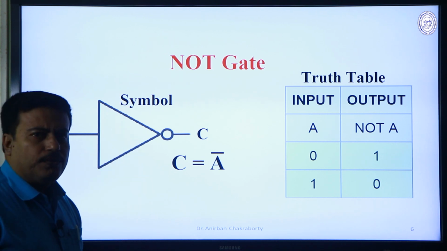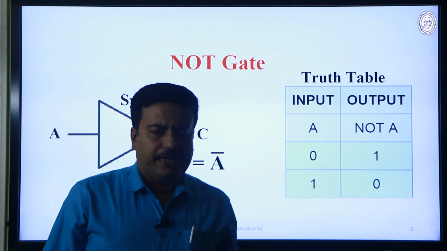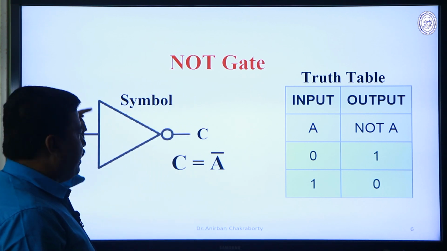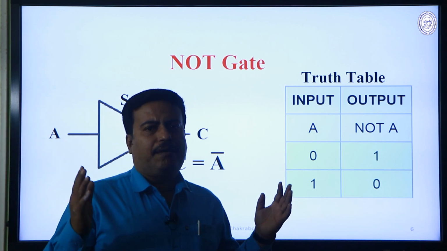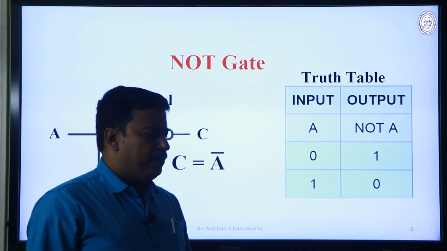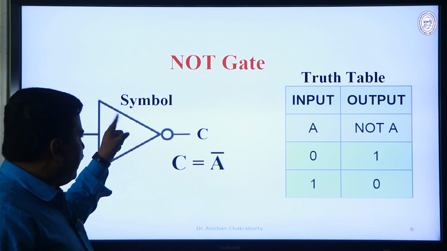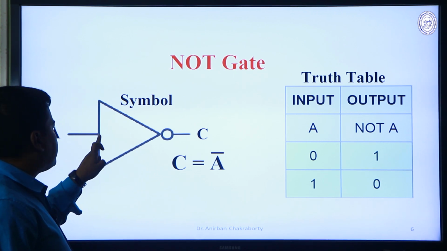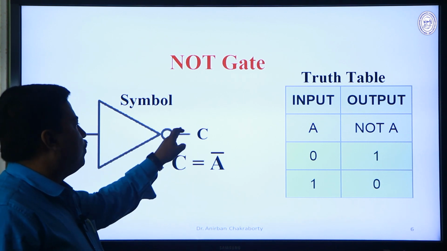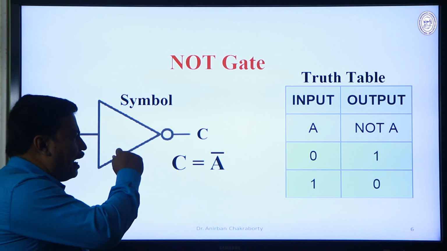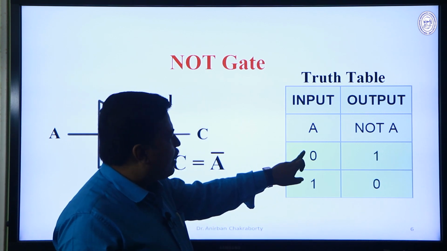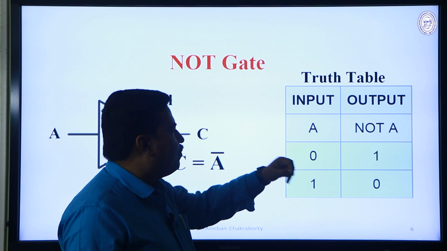Unlike the previous two, the main thing is this: in the OR gate and AND gate I told you that there may be any number of input lines greater than or equal to 2, meaning 2, 3, 4, 10, 50 etc. But here the input line is always 1 and the output line is also 1. Input line 1 means only a single input.